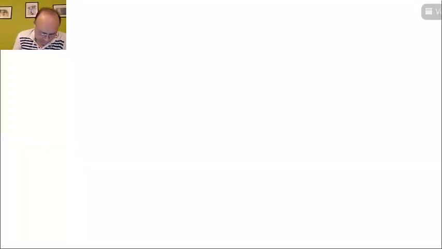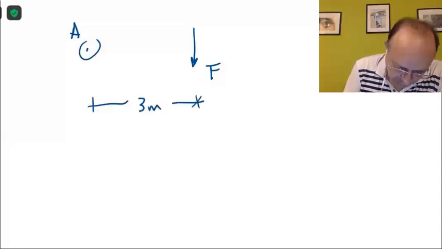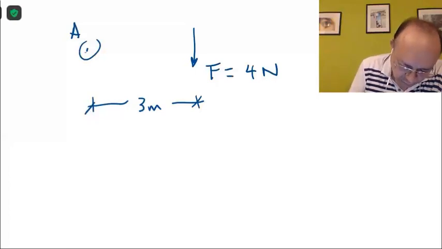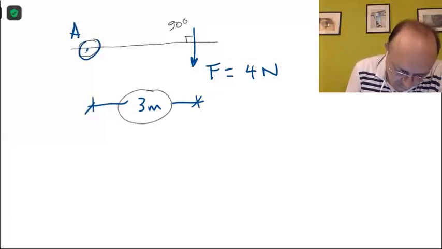First example, very simple. We have a point, let's call it point A, and we have a force. Let's give some dimensions. From here to here we have 3 meters, and let's say this force is 4 newtons. If I draw a line from the point to the line of action of the force, and this is 90 degrees, this will be the distance, 3 meters, from the point to the line of action of the force.